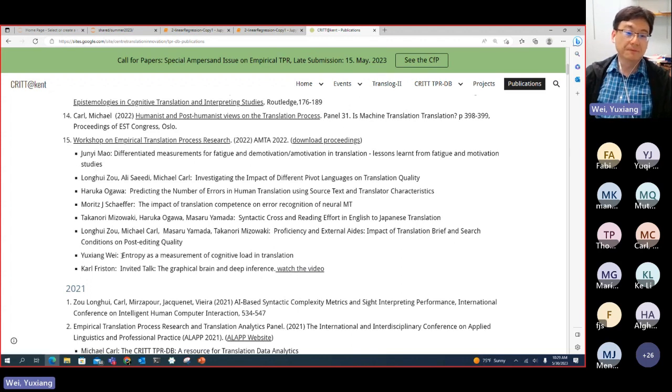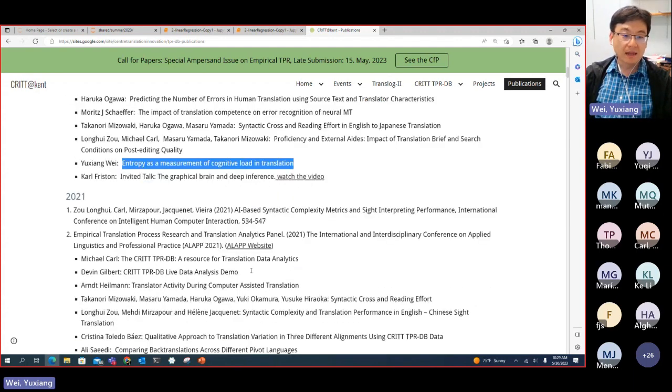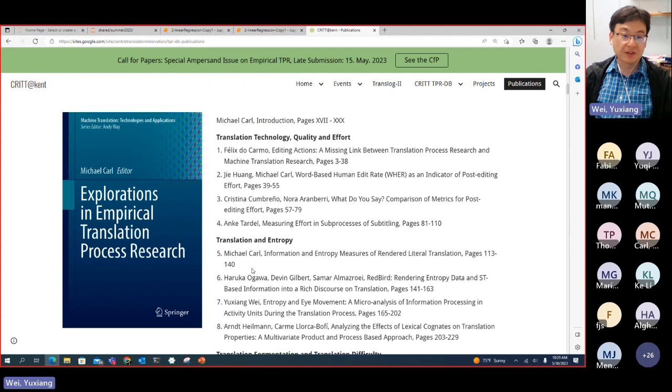Now, this is one of the references that I'm using, and the book chapters are in this book, Explorations in Empirical TPR. A specific section here, you can see, is dedicated to translation and entropy.